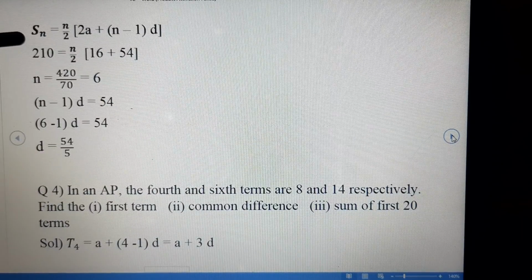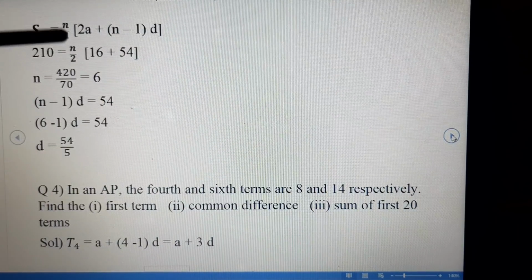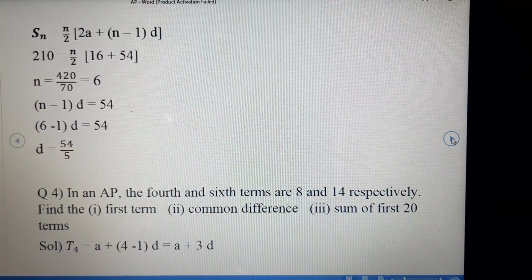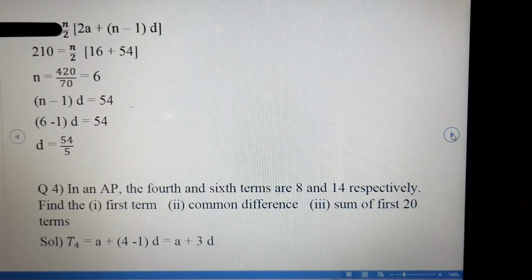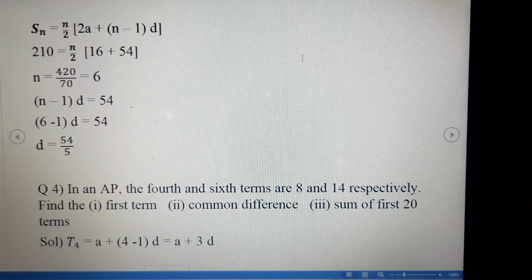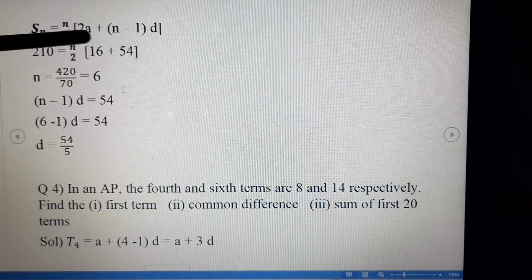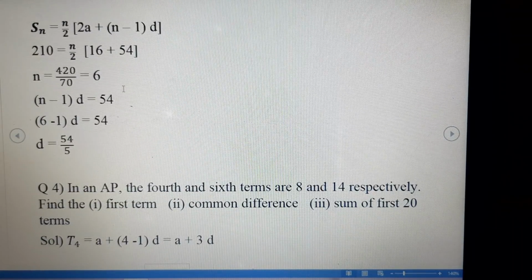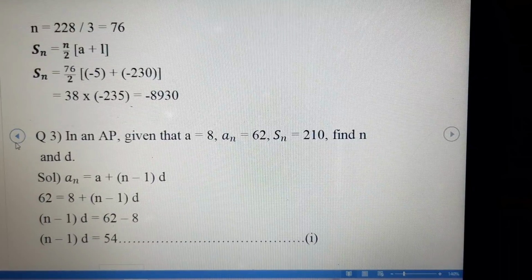We will apply the formula Sn. Sn is equal to n upon 2 within bracket 2a plus n minus 1 into d. Clear? Sn is 210. We do not know n, so we have kept it as n upon 2, 2a. The value of a is 8, 8 2s are 16, plus the collective value of n minus 1 into d we have calculated. You have seen in the previous slide it is 54.